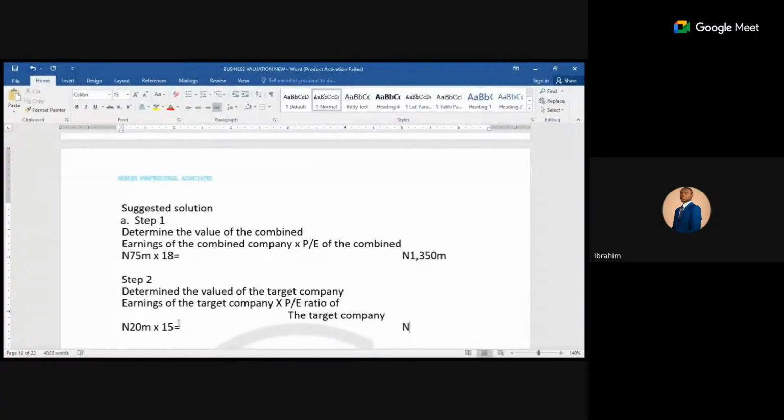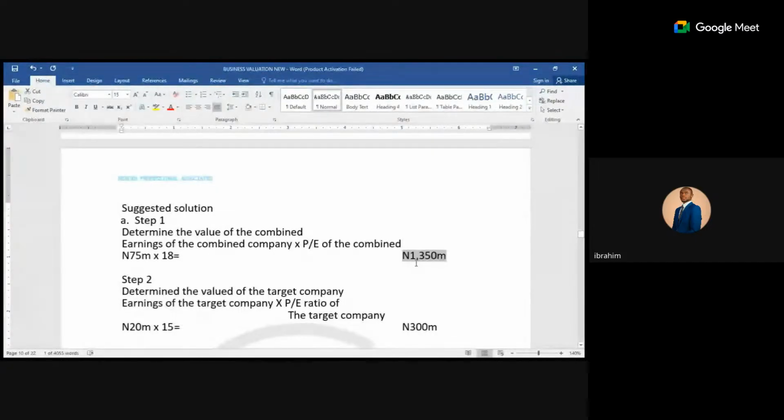Now 300 million. Class, you should not forget that the value here includes the two companies, both the target company and the main company. This is the combined value, right?